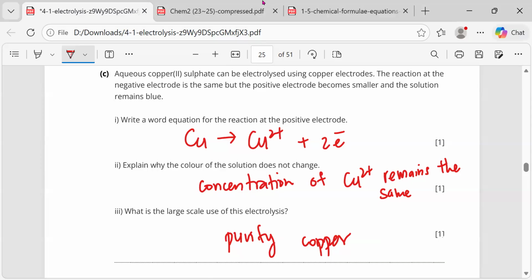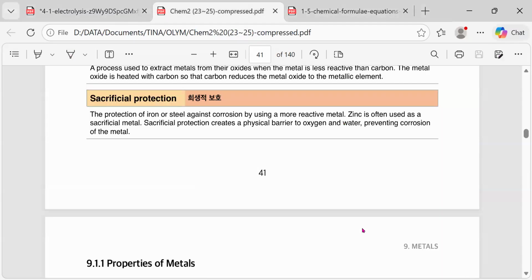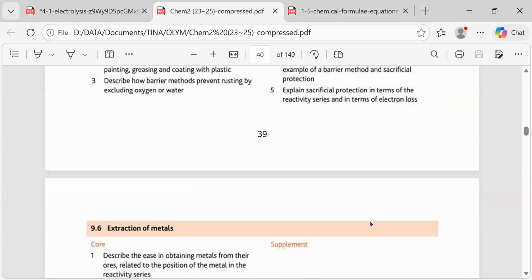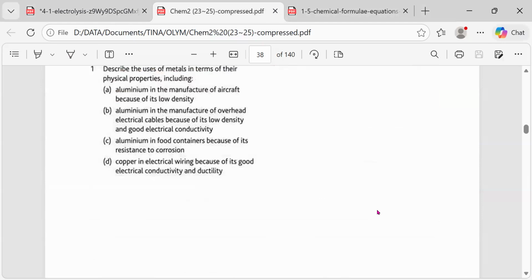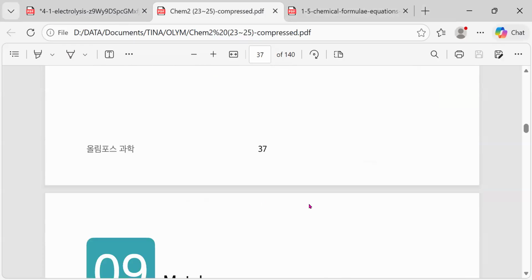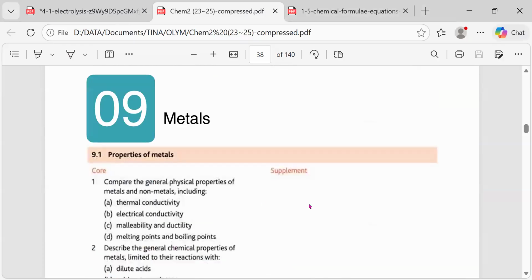All right. Take out your textbook. Which one was the second one? Turn to page 38, this part.